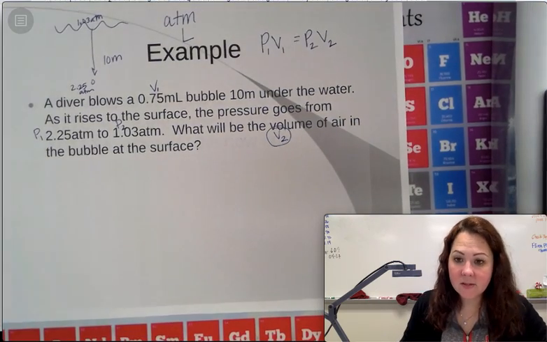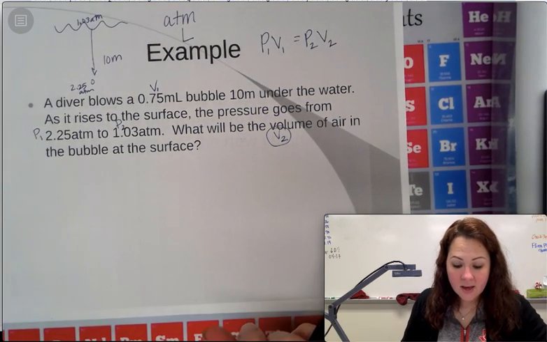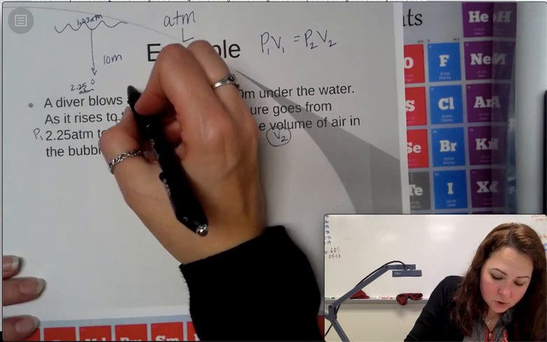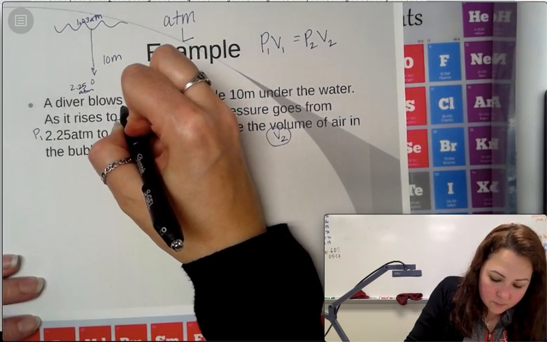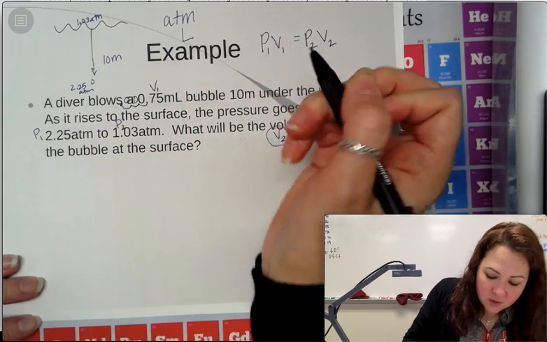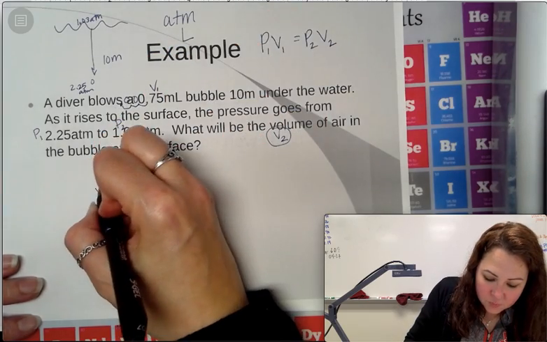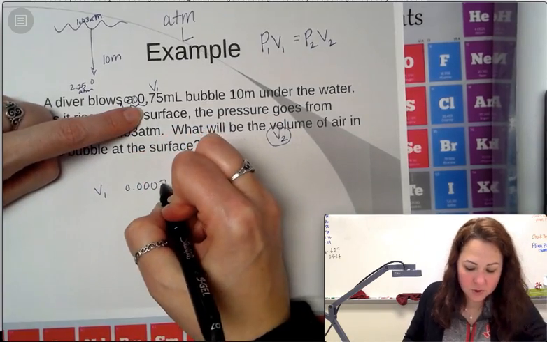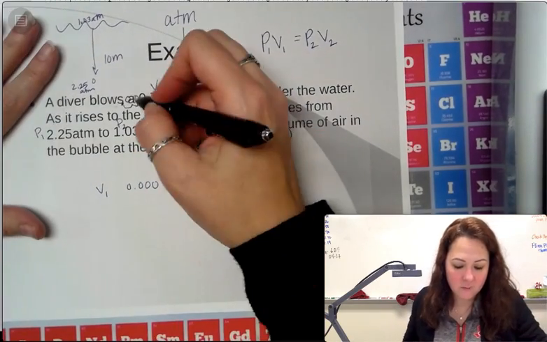I need to convert that to liters. So how I do that is I divide by 1,000, or you can move your decimal place 1, 2, 3 times. So my V1 is 0.00075 liters.